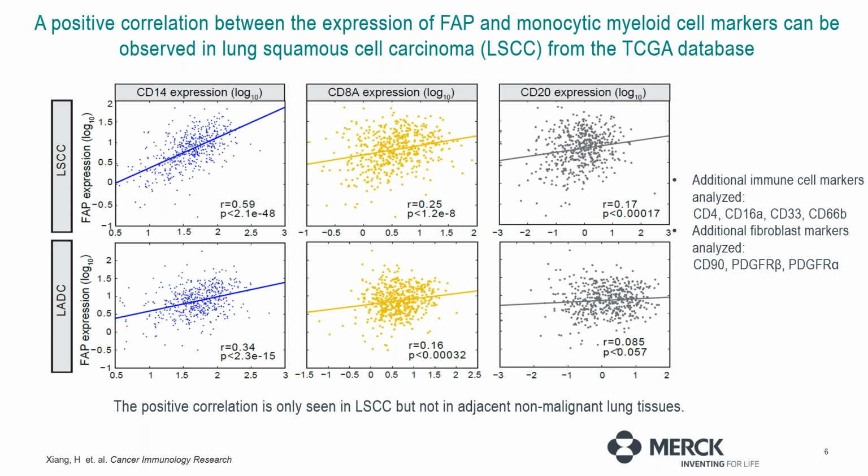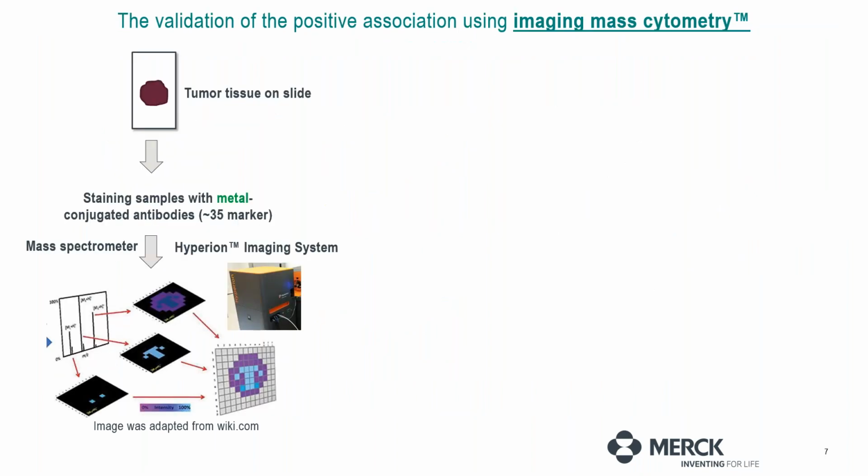We next wanted to validate this positive correlation in a separate cohort of primary lung squamous cell carcinoma using imaging mass cytometry. As we know, this technique allows multiplex detection of over 35 protein markers. How we perform regular immunofluorescence staining also applies for IMC.